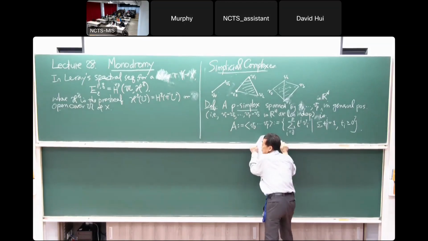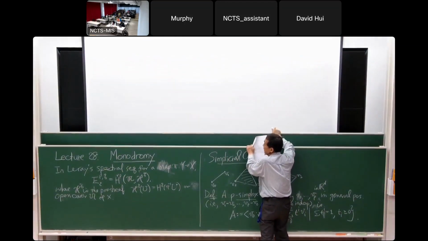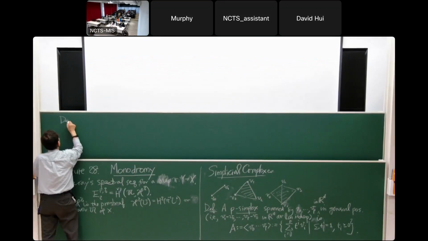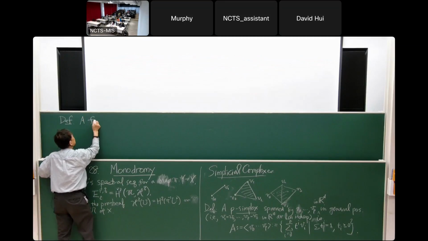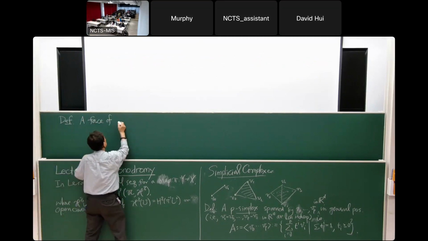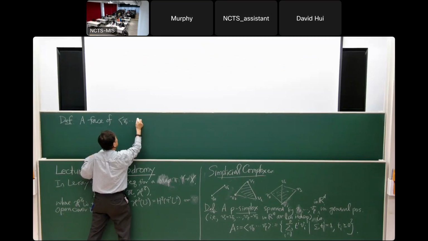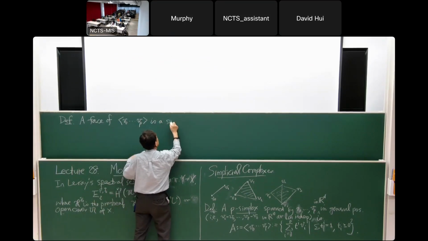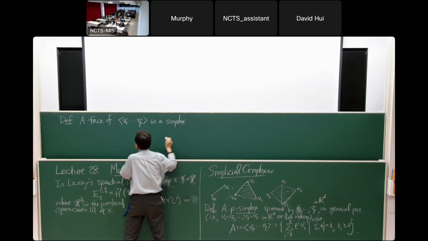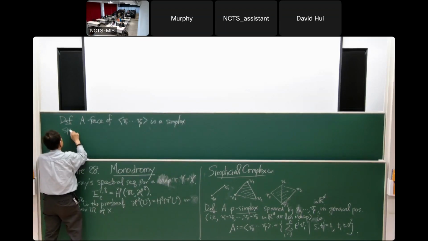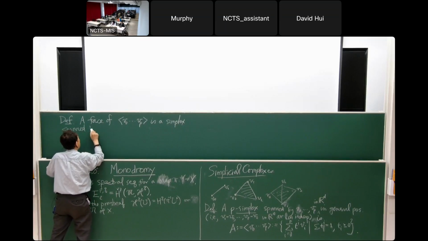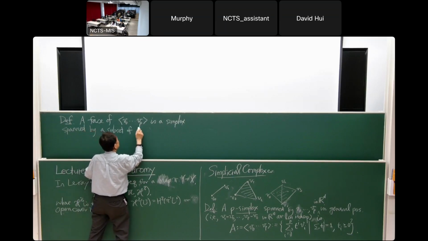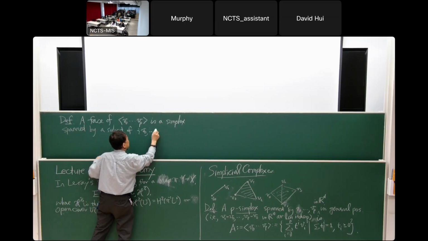So a face of a p simplex is a simplex spanned by a subset of v0 to vp.